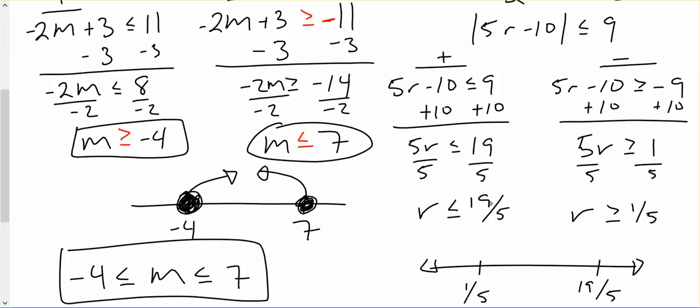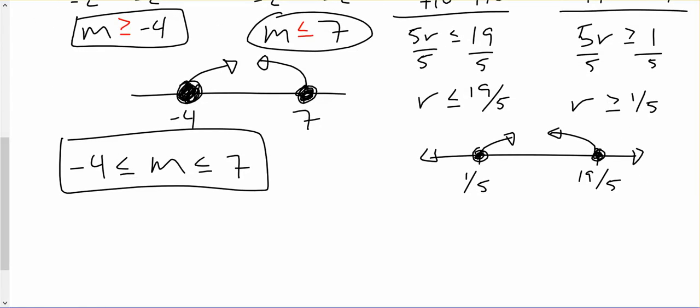Anyway, what are we in comparison to the 19/5? We're less than or equal to, closed circle, less than goes to the left. What are we in comparison to the 1/5? Closed circle goes to the right. So this is another AND equation.